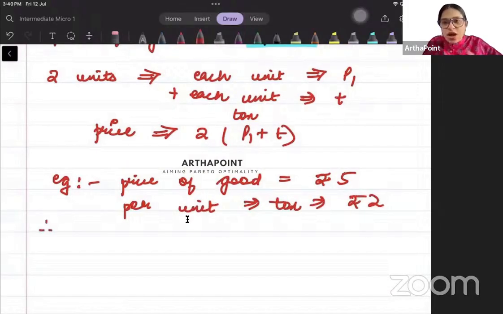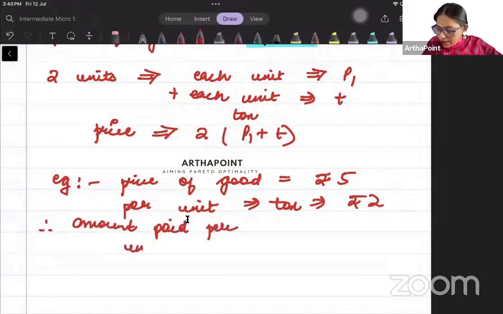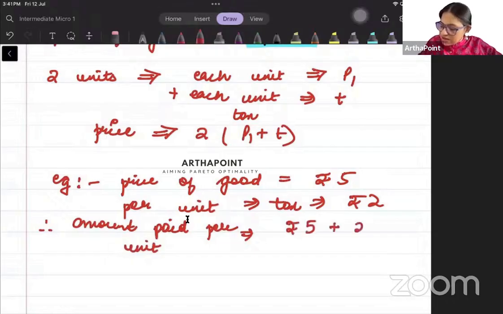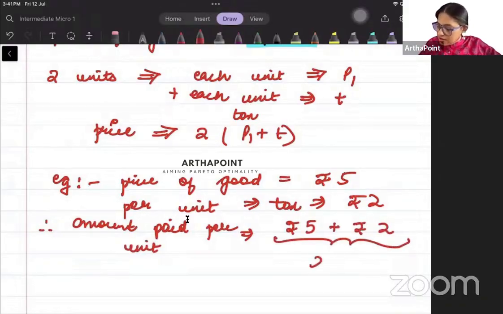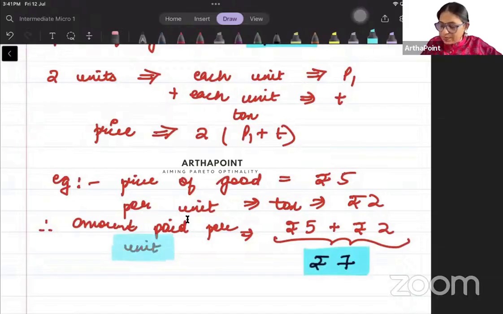So how much amount will you pay per unit? Amount paid per unit कितना पे करोगे बच्चे? You will be paying 5 rupees as price and 2 rupees as tax. So beta you will be paying 7 rupees per unit. हर यूनिट के लिए आप 7 रुपए पे करोगे.